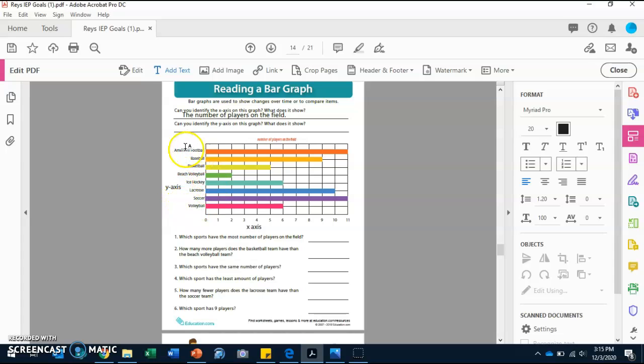And here, what is it showing us? What is the y-axis showing us? Yes, good job. The different sports. So we can put the different sports.